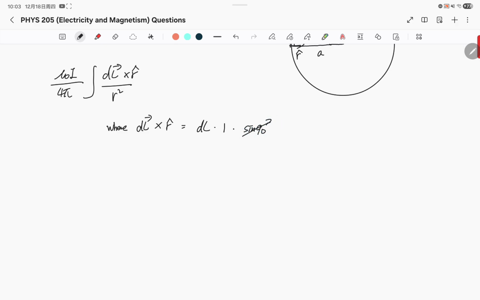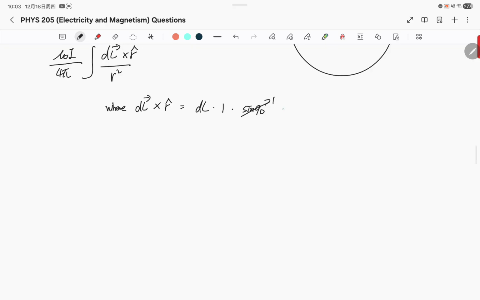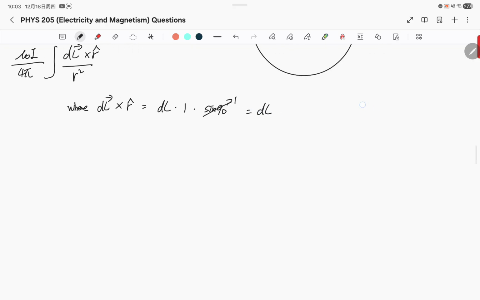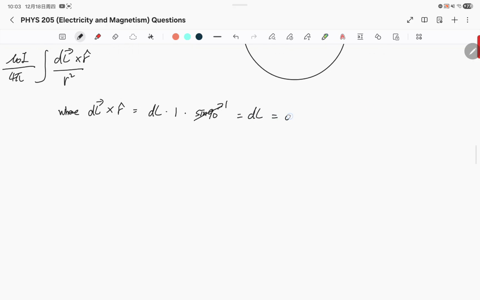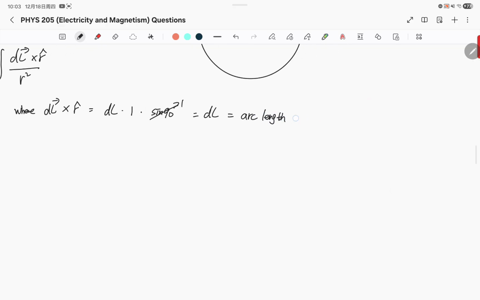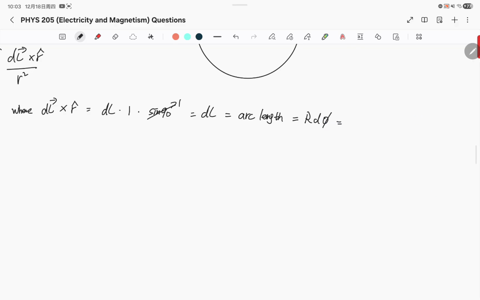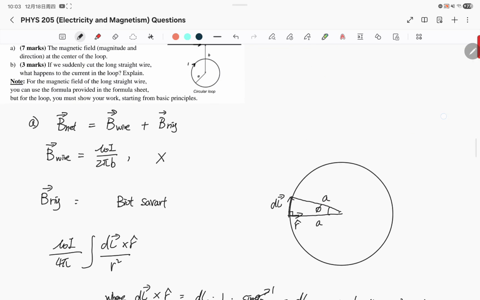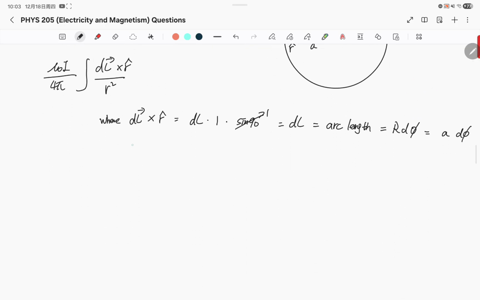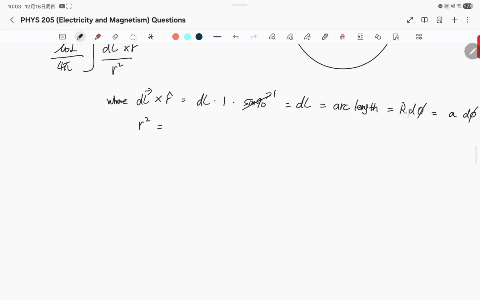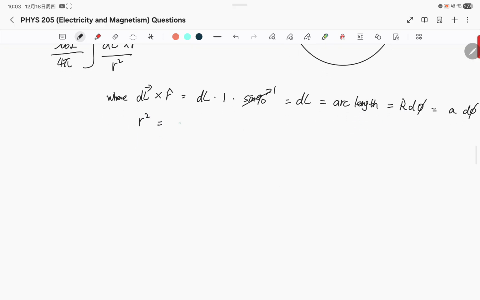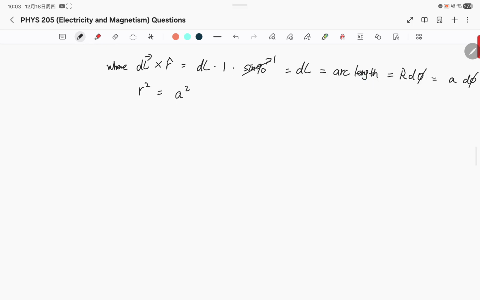Good news is sine 90 is 1. So this is just dl. What is dl? dl is arc length. Arc length is r d phi, and in this question we define radius to be A, so A d phi. And r squared is basically radius squared, so A squared.